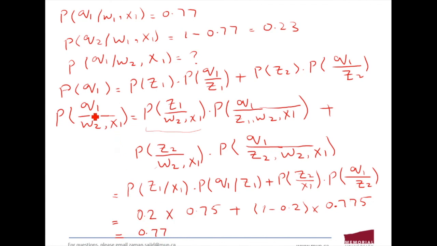And if I want to calculate the Q2 given that W2 and X1, I just need to subtract 1 out of this. So by that I mean to say the probability of your Q2 given that W2 and X1 should be equals to 1 minus 0.77, that turns out to be 0.3.